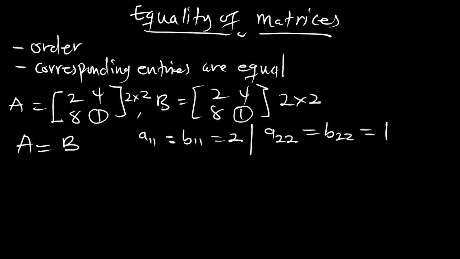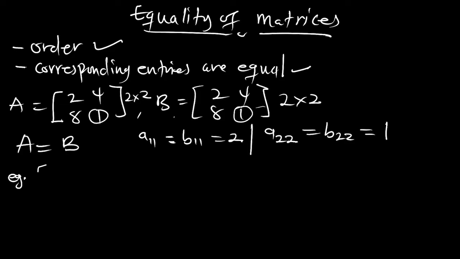Are we good? So such matrices are said to be equal matrices because they have the same order. Pay attention to the order, and corresponding entries should be equal. Okay, so can we look at another example of a matrix?